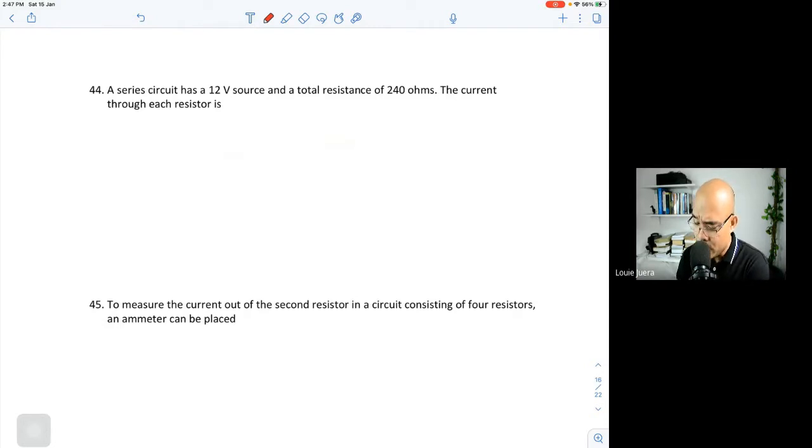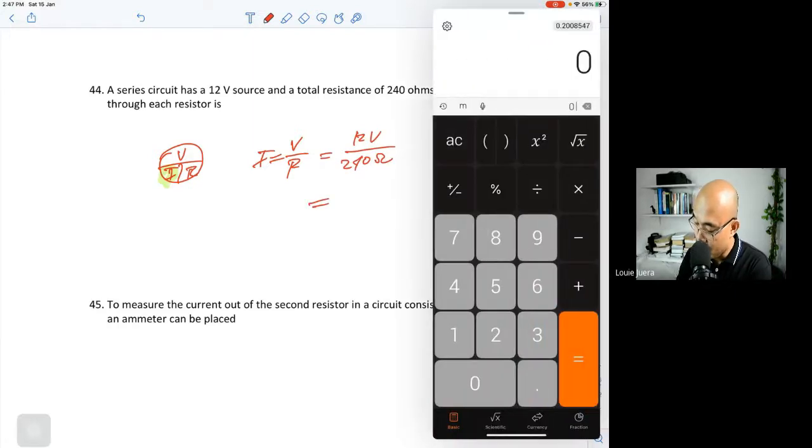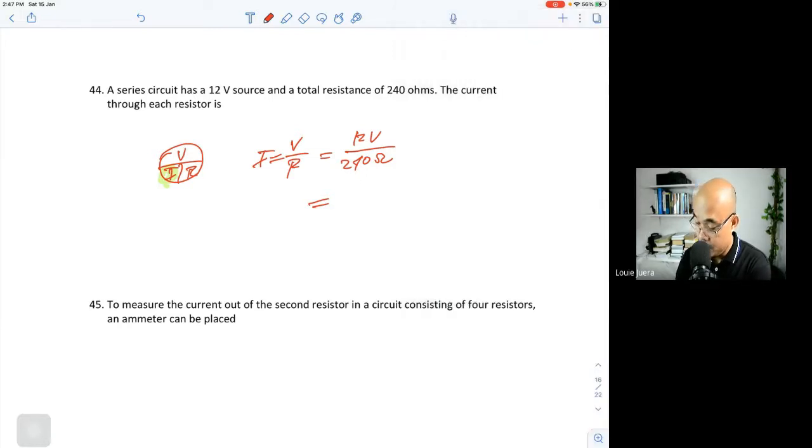Again, the formula of our V-I-R, solving for I: I is equal to V over R. So the voltage here is 12 volts divided by 240 ohms. That is equal to 0.05 ampere. So this is the answer.